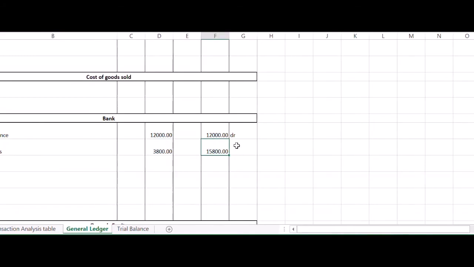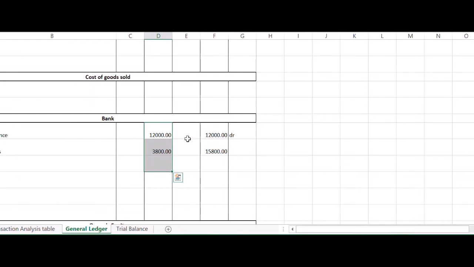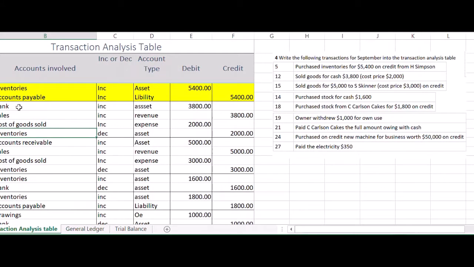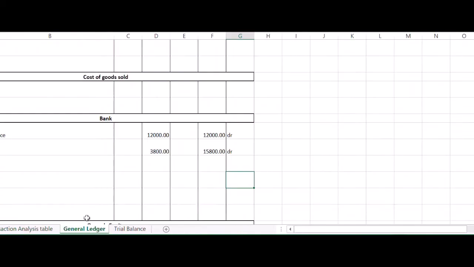So it'd be $15,800 in my bank account. More money is on the debit side than there is on the credit. Recorded this one in.